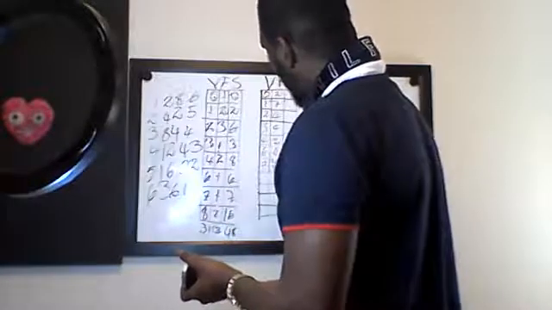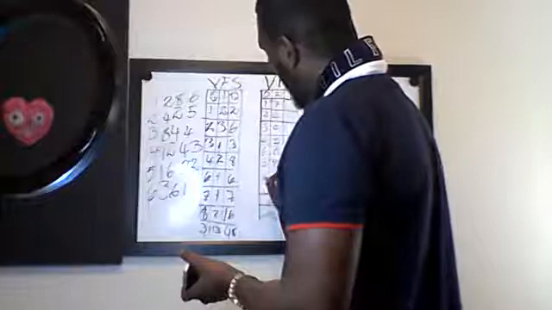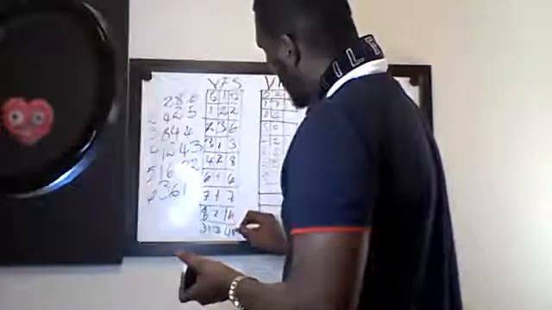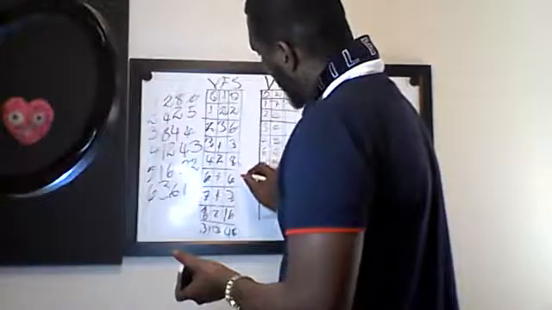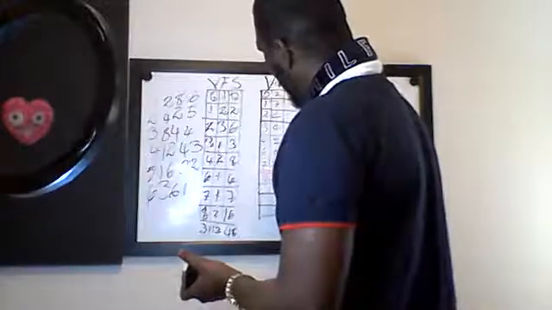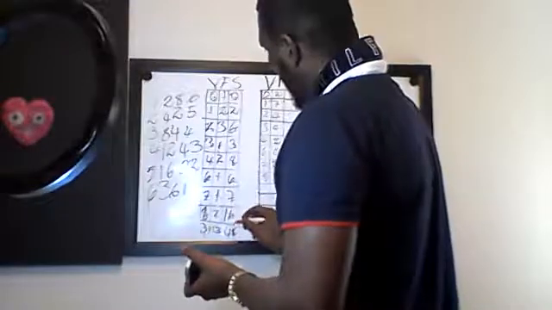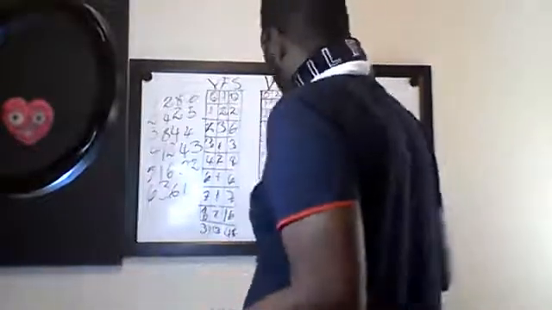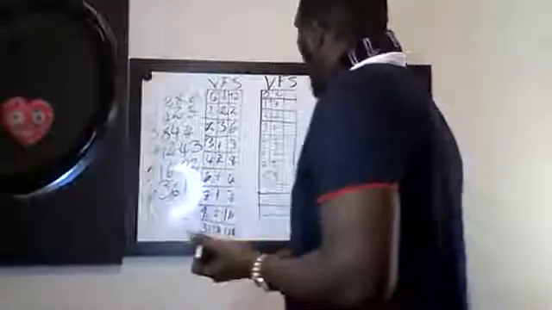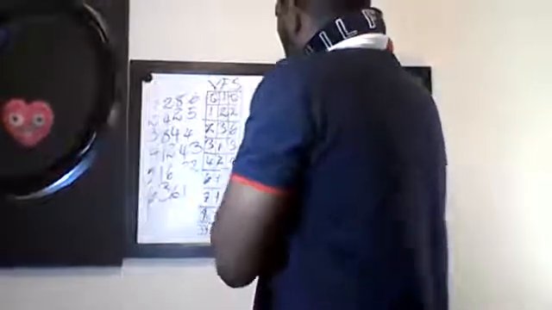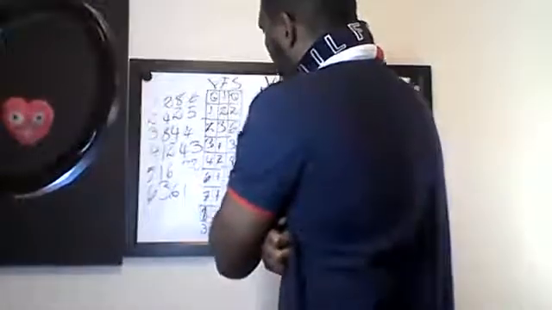We got 2 sevens. Now 8. 1, 2, 3. 3 eights. Now we don't have 9, and 5 still missing.